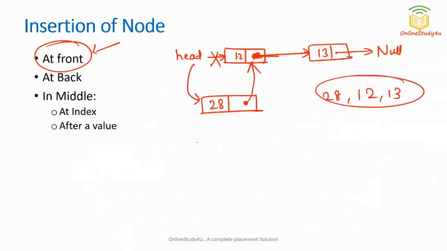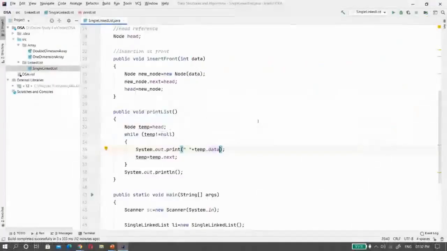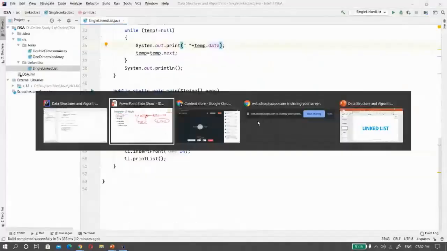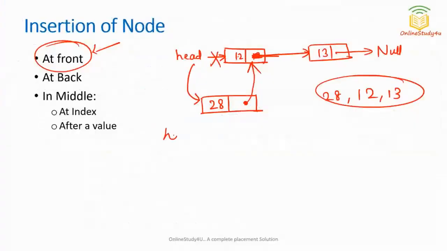Now, the question. Just wait, I will finish this first, then I will move to the next one. In that question, let me show you the code. I inserted 12, 13, then 14. So initially the head was pointing to null. Now I created a node 13, pointing to nowhere.